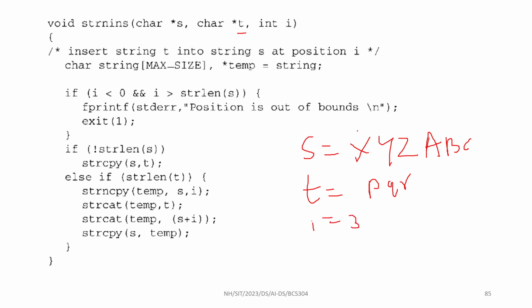The answer will be like this. Position 0 not to touch, 1 not to touch, 2 not to touch. From position 3, PQR will sit here.